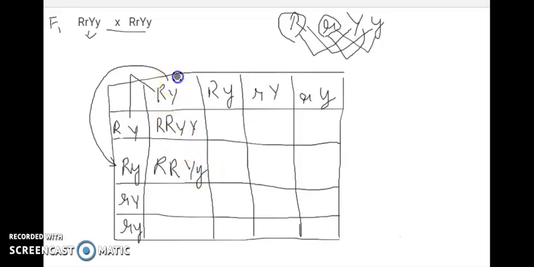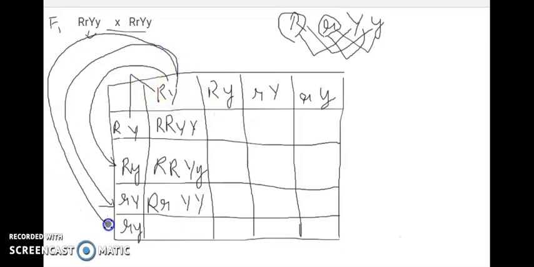And then again this gamete, if it combines with the third gamete, it is capital R, small r, capital Y and capital Y. Okay. And again, if this combines with the next gamete, it will form capital R, small r, capital Y and small y, right? So like that, these gametes again combine with each of them and form the result.